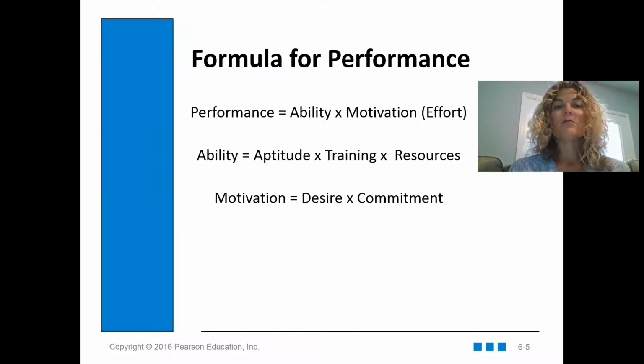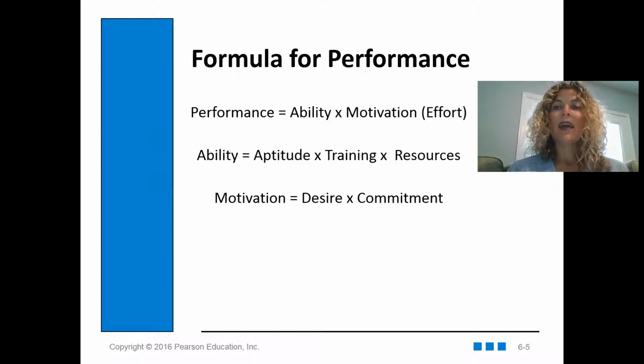There's a couple different formulas that you see up here on the screen, and it's important to understand what impacts performance. If you look at the first equation, we have ability times motivation equals performance. So when performance is lacking, we really need to figure out, all right, is it an ability issue or is it a motivation issue?